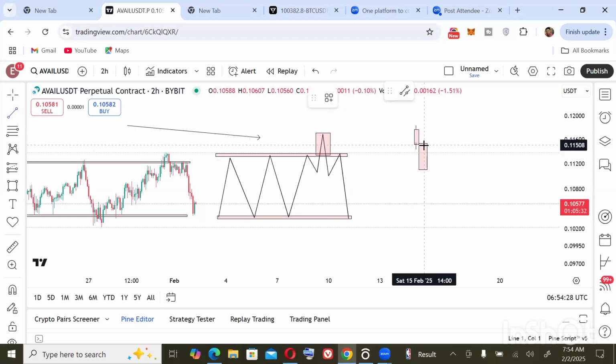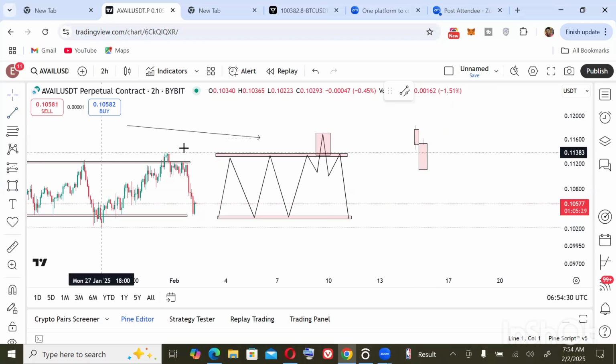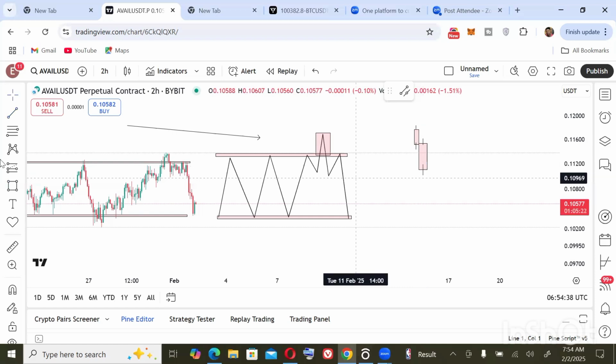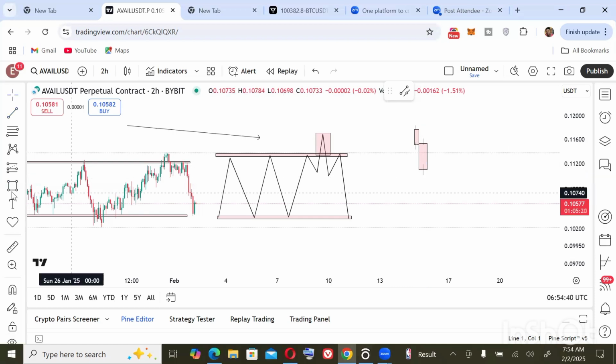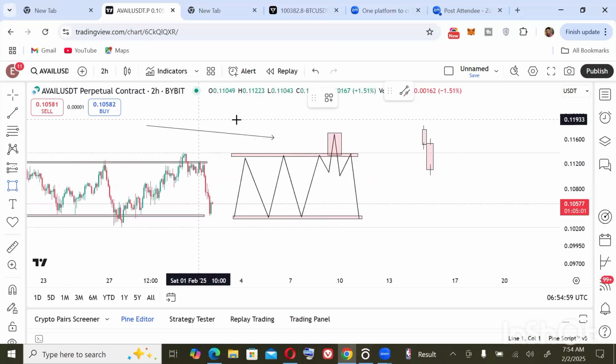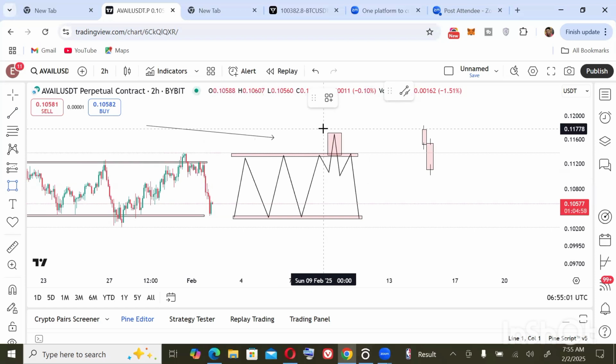We also have a wick on top of that. And then the third candle is not overlapping. This is where it becomes very tricky, so pay attention. The third candle is not overlapping here.